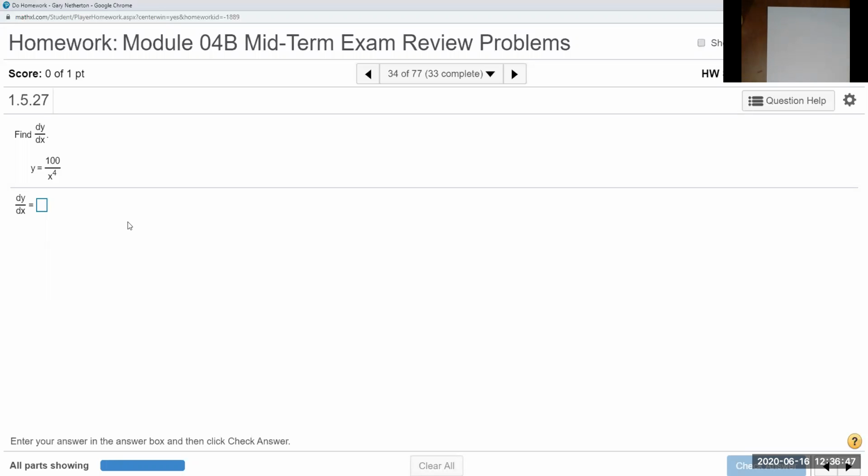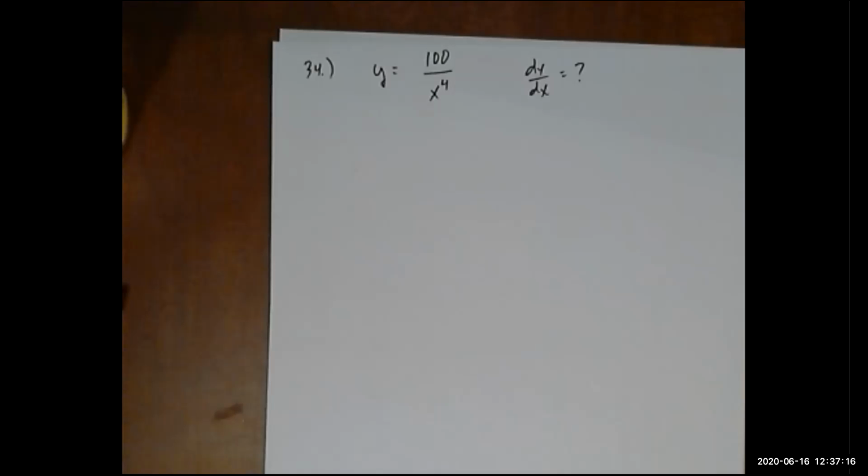This is number 34. And they're saying dy/dx equals what? In other words, I want us to find the first derivative. Let's take a look at this and talk about it.